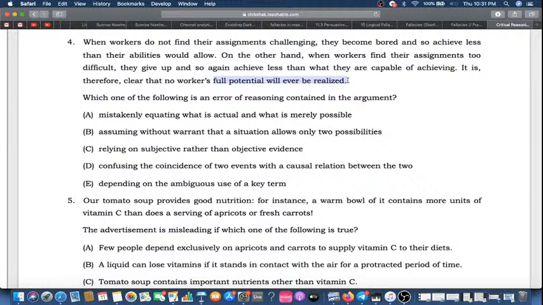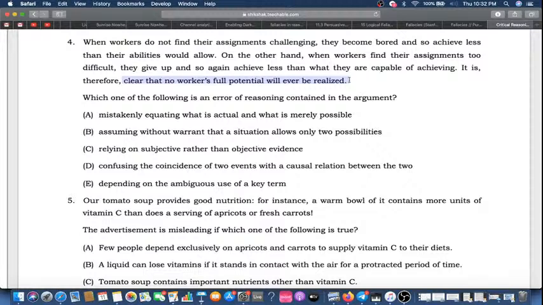So what is he assuming there? That it will either be too easy or it will be too difficult. Why can't we design work which is just the right amount, which is just the right difficulty? It is not too challenging nor is it too easy. So if the writer is saying that therefore it is clear that no worker's full potential will ever be realized, he is mistakenly assuming that these are the only two possible states of work, that it will either be too challenging or it will be too easy. Can't there be a middle way?